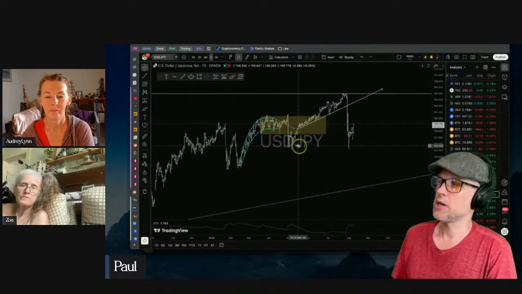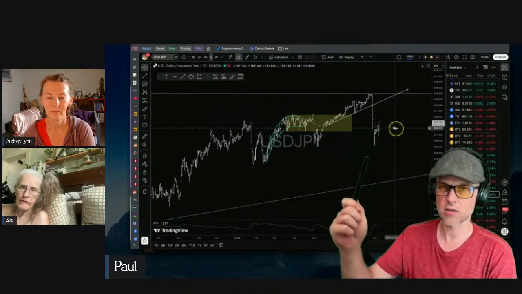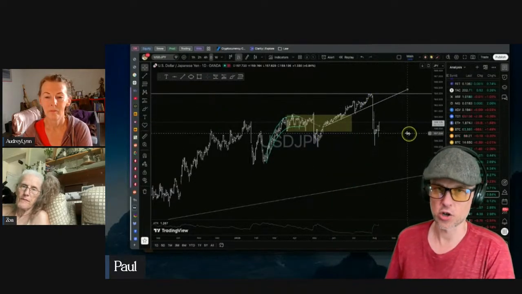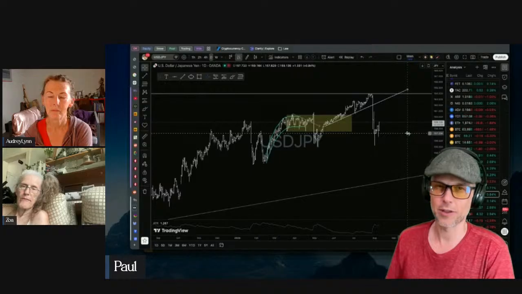US dollar, Japanese yen: you can see that they've been pressing that price down by purchasing more of the currency to try to get the demand up a little bit.